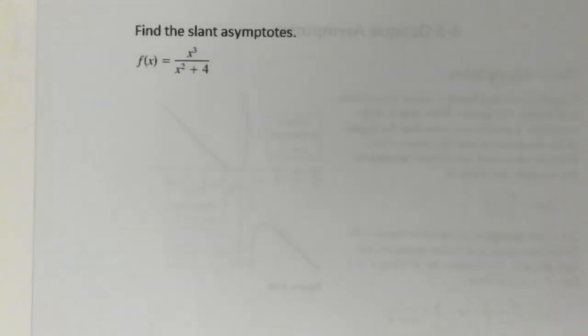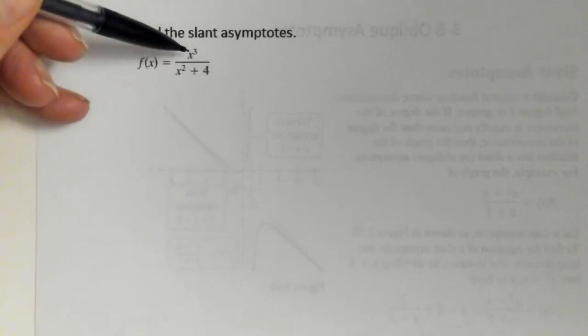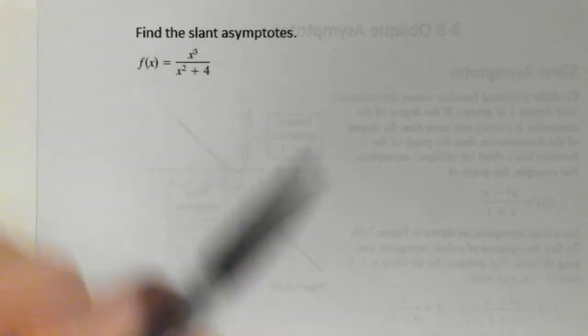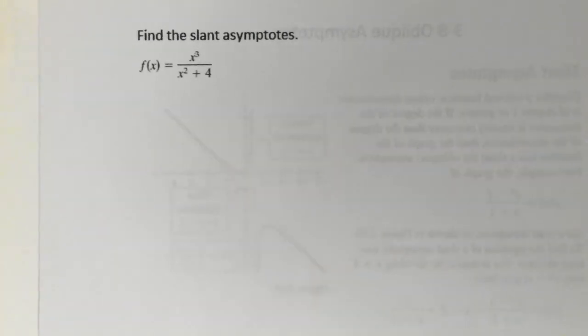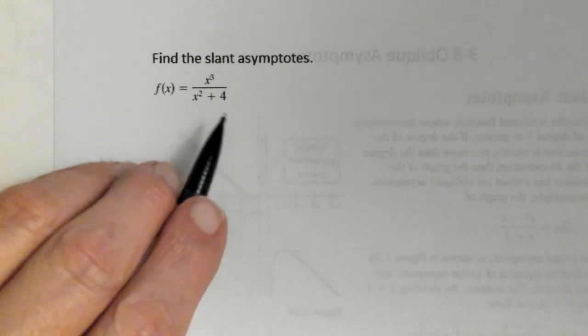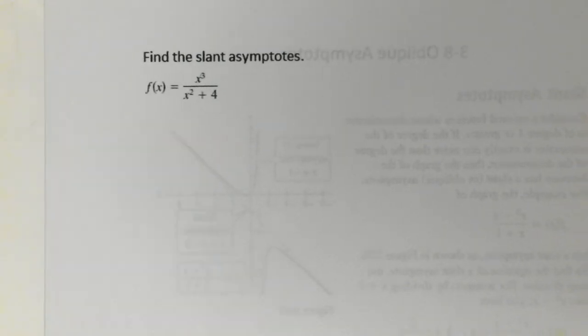For this one, first of all, you've got to double check this. Power 3, power 2, the numerator is 1 greater. It does have a slant asymptote. Now we cannot use synthetic division on this one, because remember the synthetic division algorithm only works for x terms. Once we get to x squareds and things like that, it's not going to work. But I still can divide it out.